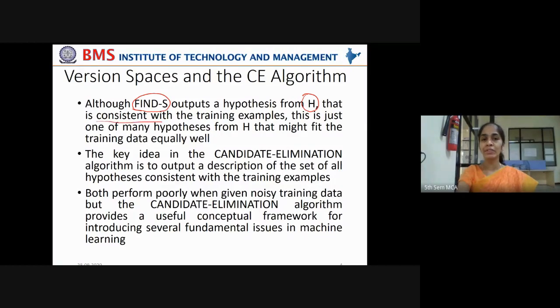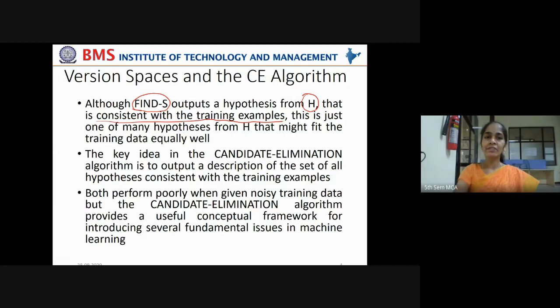I always use this term, consistent with the training examples, meaning the hypothesis can explain, it will apply to each and every training example. If not a single hypothesis, at least we take a set of hypotheses which will apply to any training example that is given for the machine to learn from.